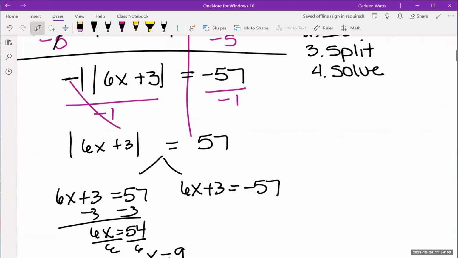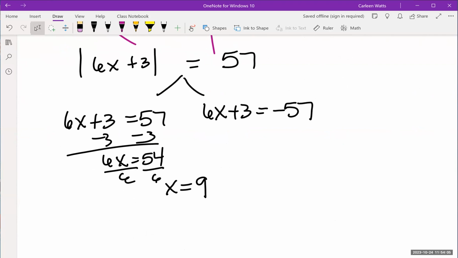So, you see what I did? So 6x plus 3 equals 57, or 6x plus 3 equals -57. Yeah?